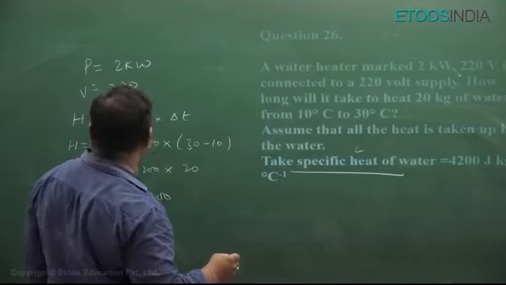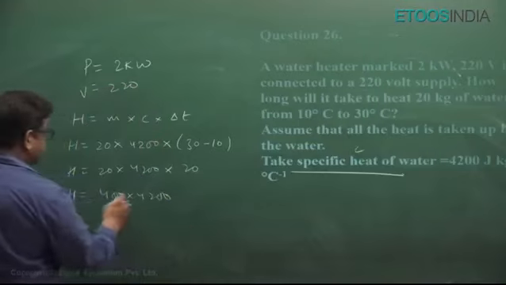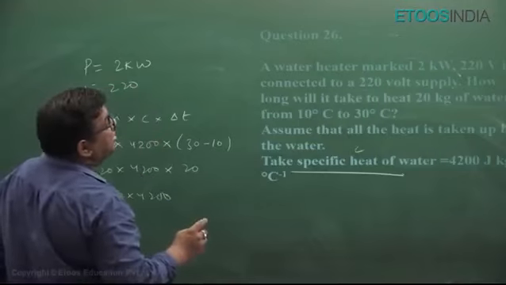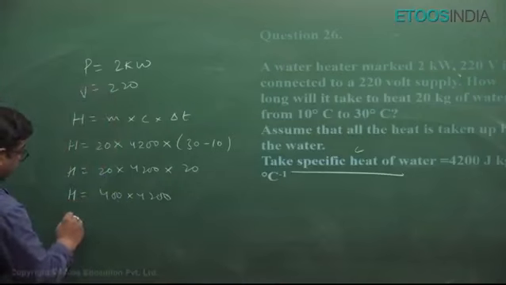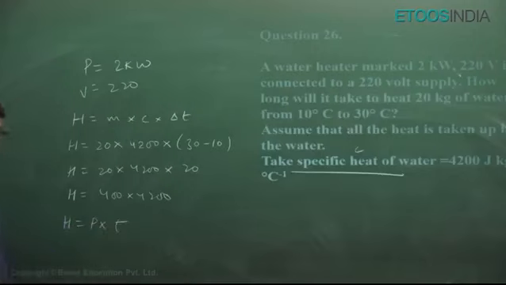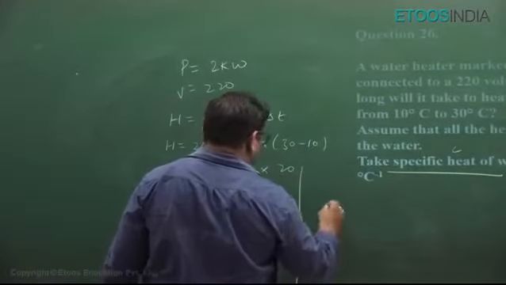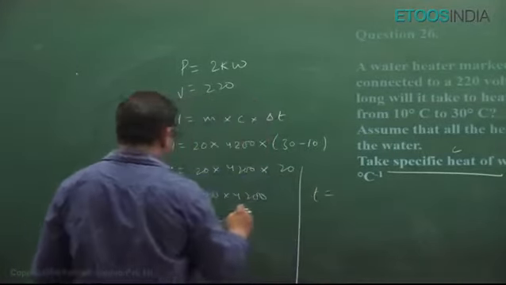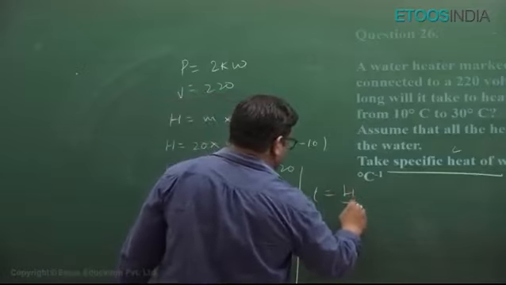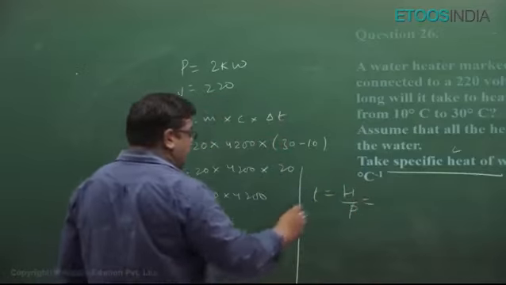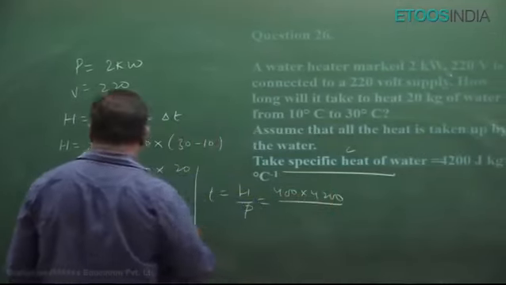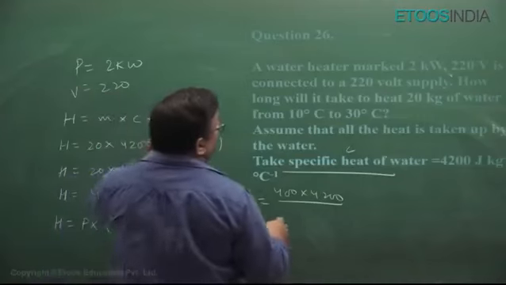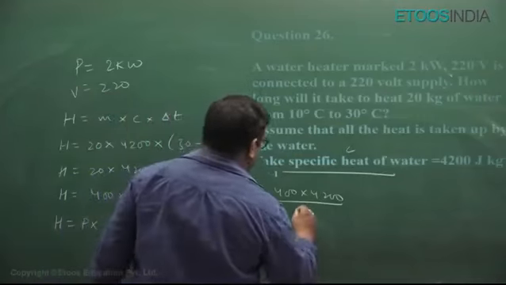How long is it going to take? We know that energy is equal to power into time. Now we know that the power is 2 kilowatt here, so T is equal to H upon P. The answer will be 400 into 4200 divided by the power, which is 2 kilowatts.